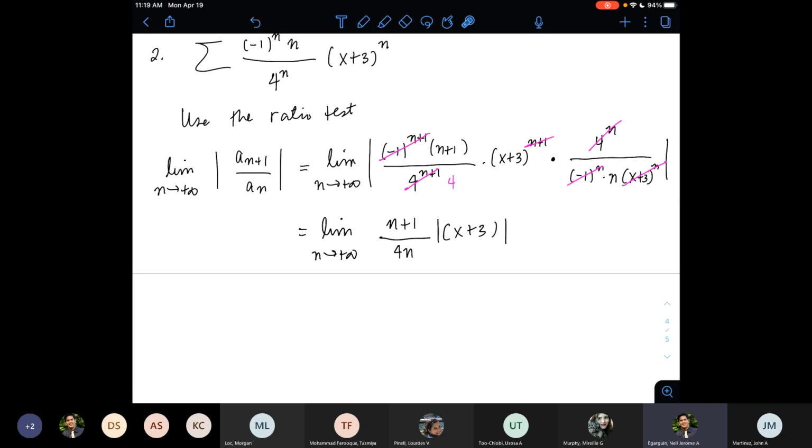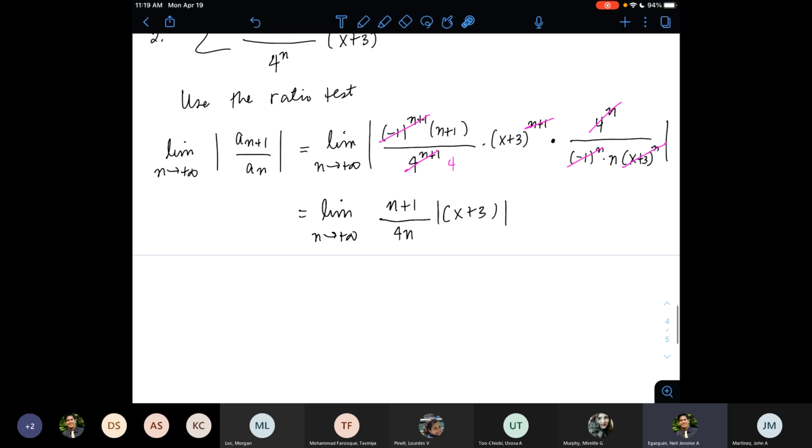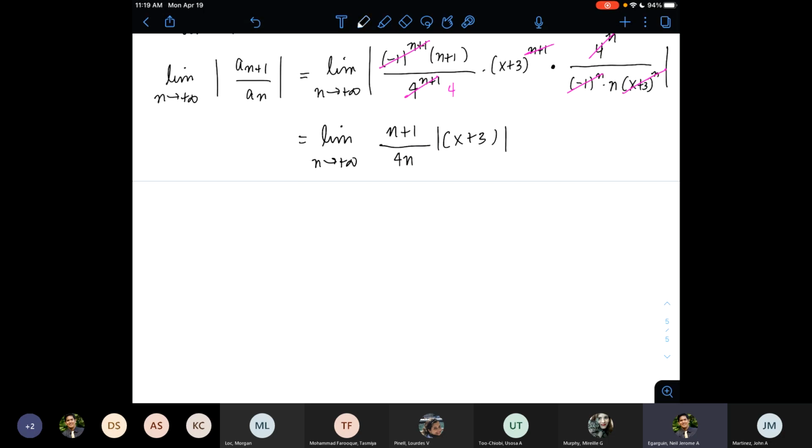X's never come out of the absolute value because we are not sure whether it's positive or negative. Unlike n plus 1 over 4n, I know that that is positive because n is a positive number, right? Okay, and when we evaluate the limit, remember, we're taking the limit as n approaches infinity. So x plus 3 is independent of n, so you can treat it as a constant with respect to the limit. So it will come out of the limit.